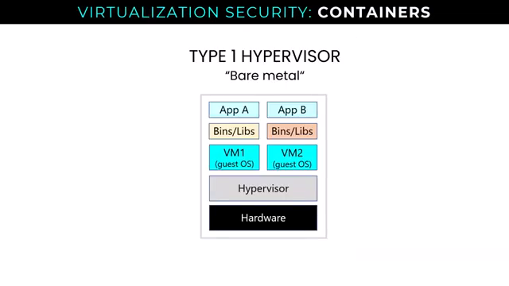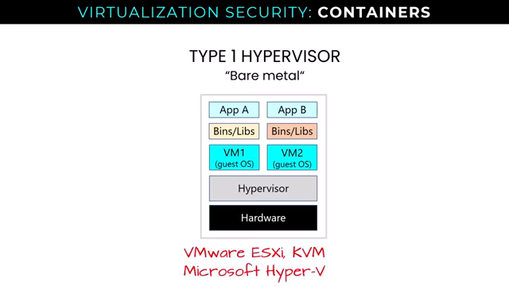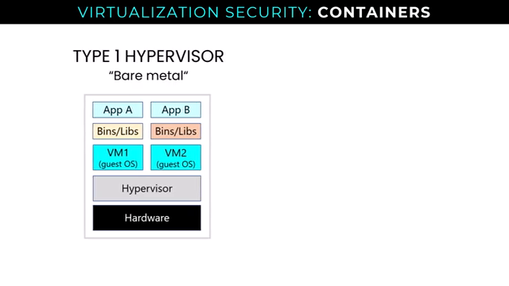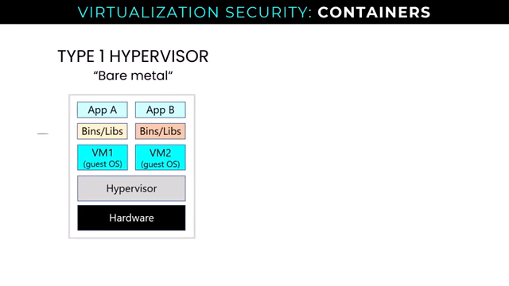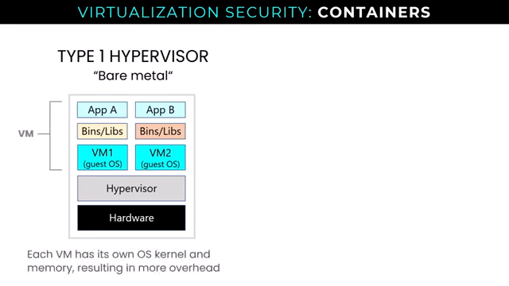So if we look at the Type 1 bare metal hypervisor, we talked about this earlier, VMware ESXi, Microsoft Hyper-V. With virtualization, we have virtual machines with each VM in its own OS kernel and memory, resulting in more overhead.